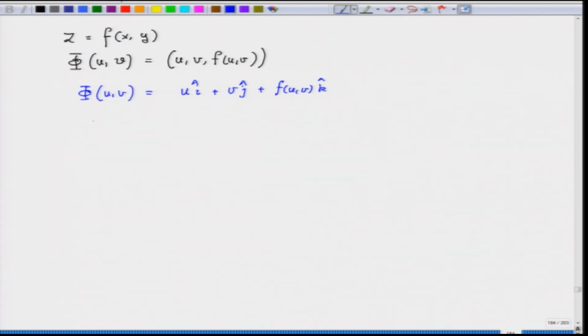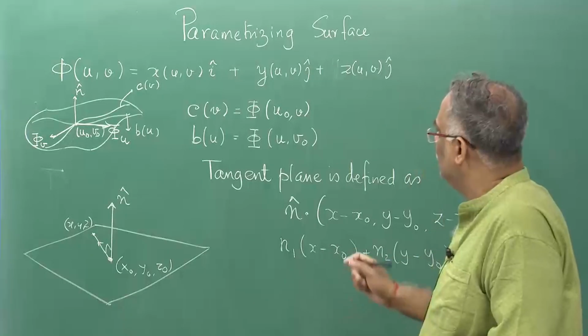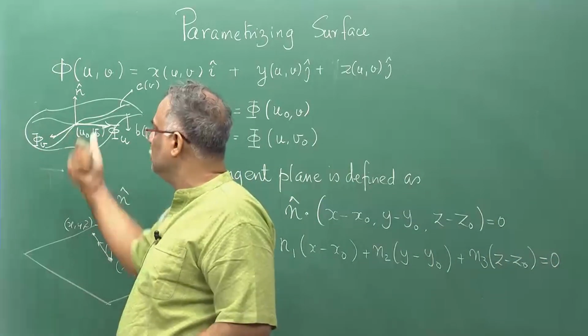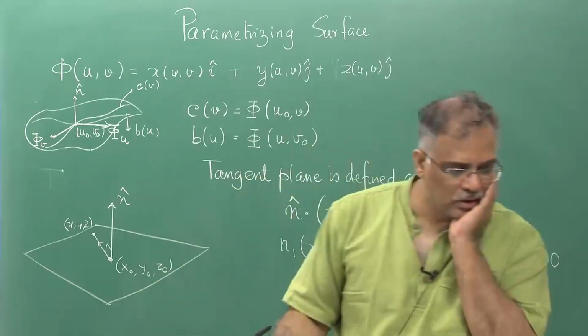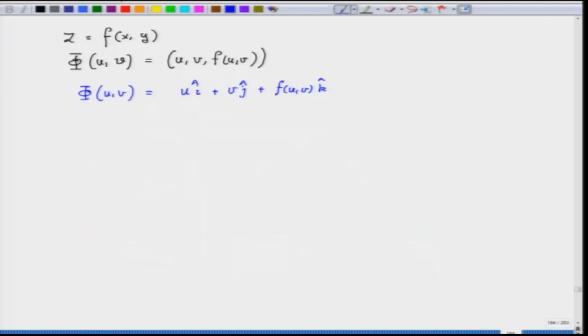Now I first take the derivative with respect to v or u, whatever you want to do, it does not matter. Here the definition they have given is del u cross del v.